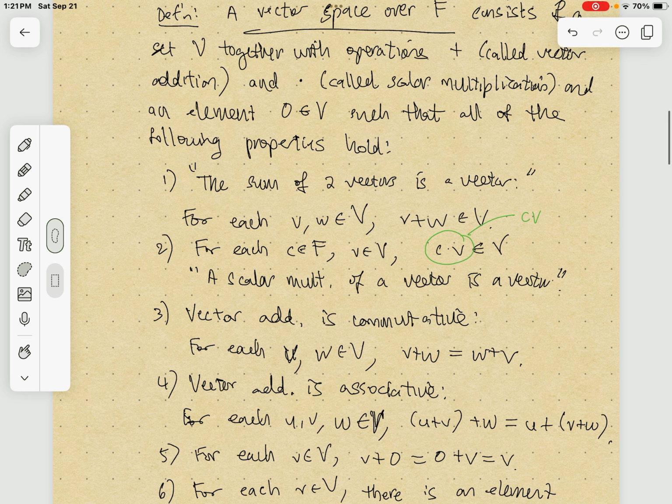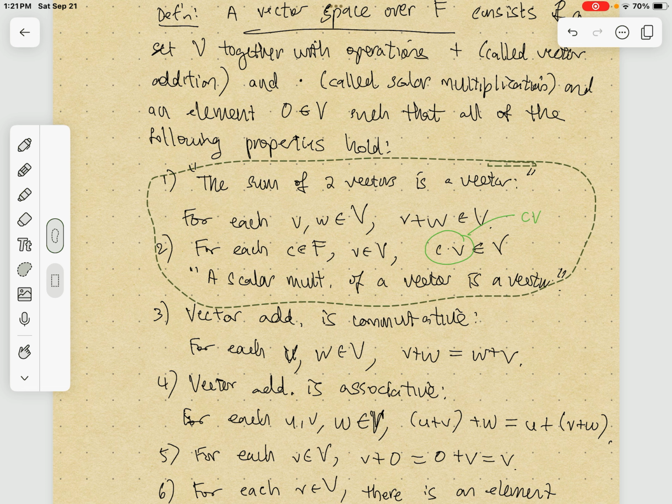Okay, what about properties 1 and 2? Do we need to check that in order to show that S is a subspace? Well, here the answer is yes, we do need to check that, because if you have a subset, it's not automatically true that whenever you add two elements of the subset, the sum is in the subset.